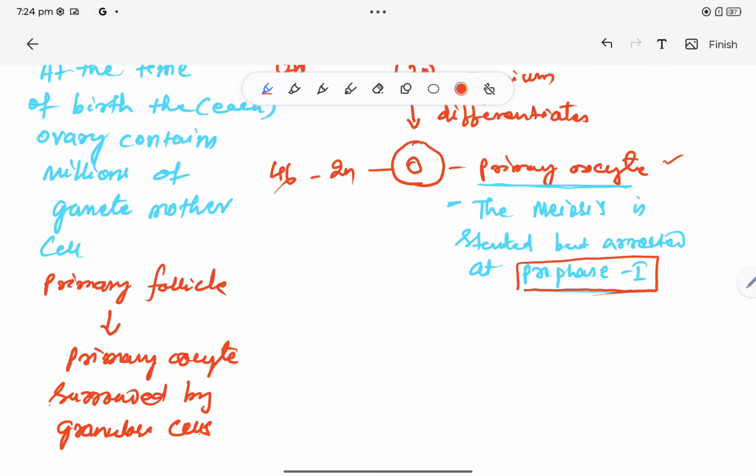And at the onset of puberty, the primary follicle develops into secondary follicles, then tertiary follicles. It gets surrounded by more granulosa cells, and then it is called the secondary follicle. Now what happens to this primary oocyte?